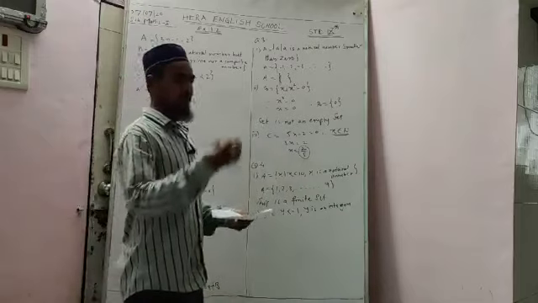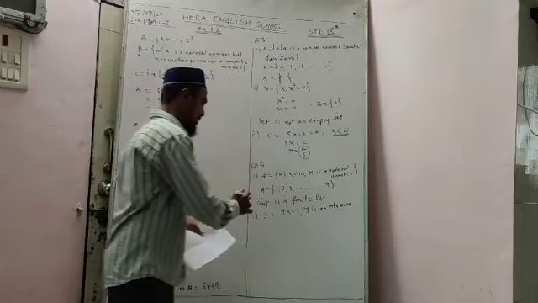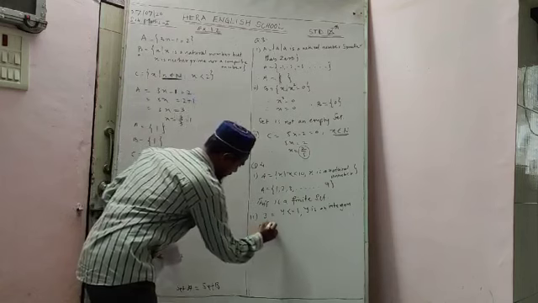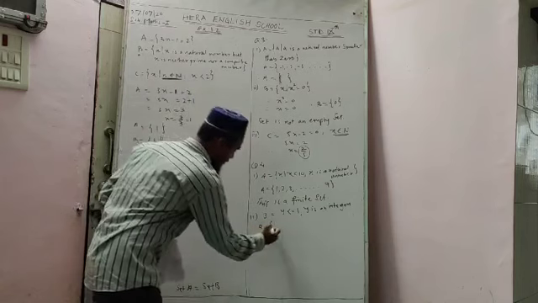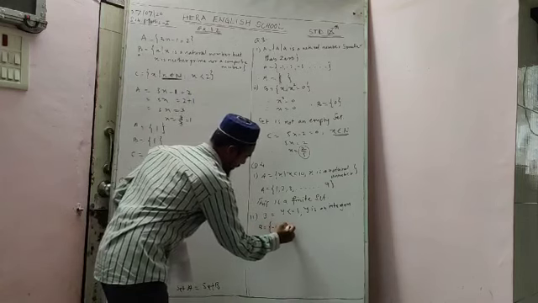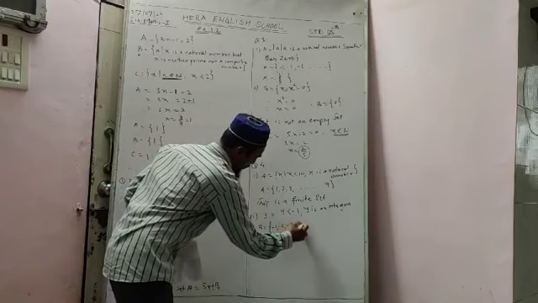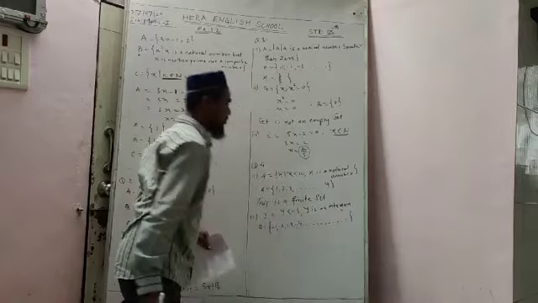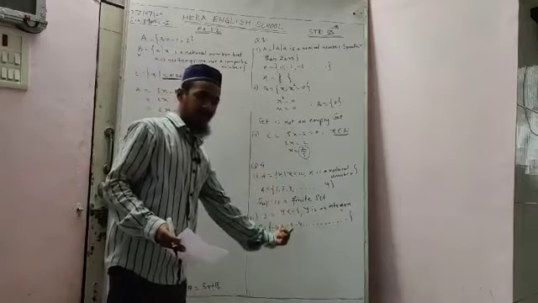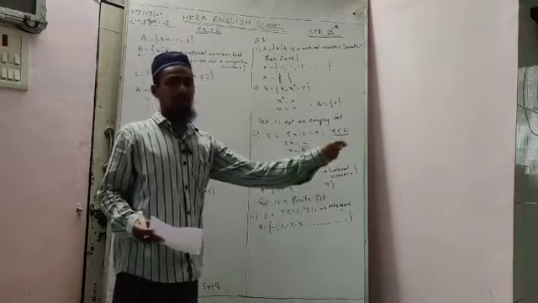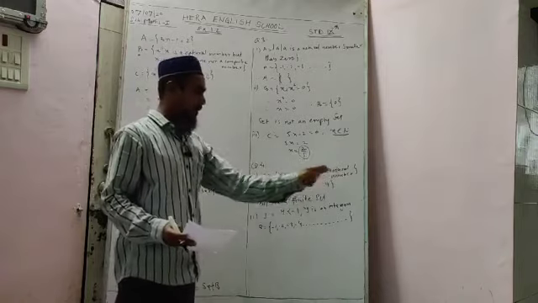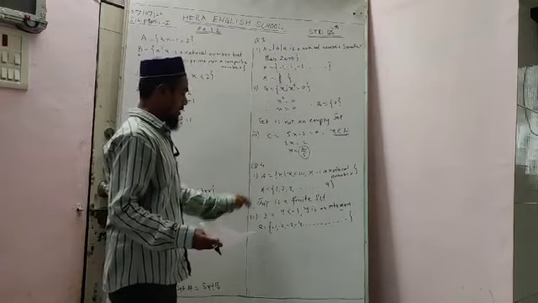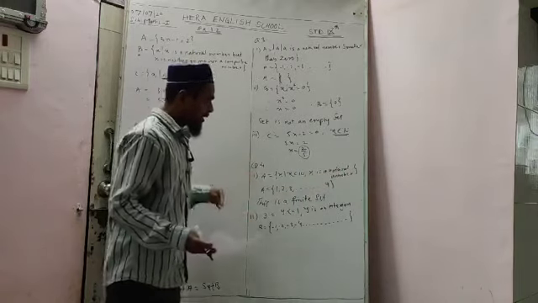Now see, the set B contains the numbers less than minus 1. You will get minus 2, minus 3, minus 4, and onwards. It will continue, no limits. It will continue, meaning no limitation here. So we can say set B contains many numbers.